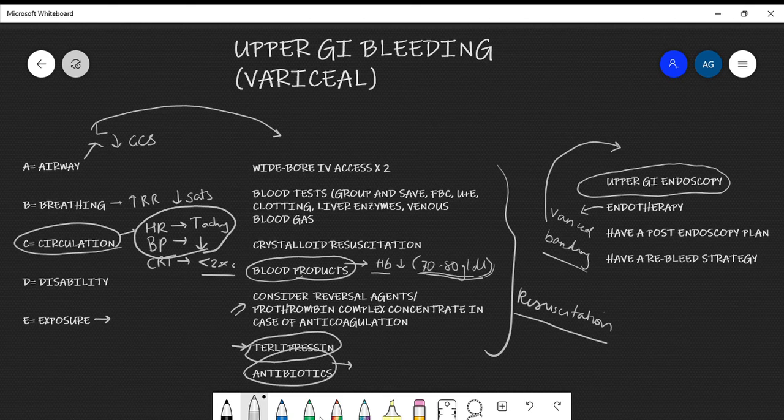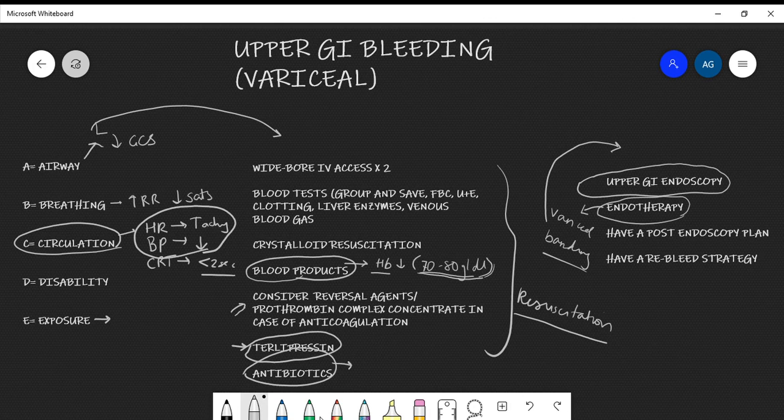If the varix is in the stomach, they might have to have a treatment called variceal gluing, where they inject a specific chemical substance which glues the varix and stops it from bleeding. So endotherapy is pretty good and will be successful in the majority of the patients who have come in with variceal bleed. However, it will not be successful in stopping the bleeding in all patients.